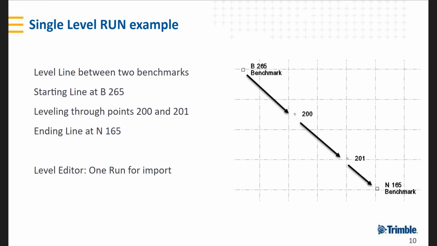Another example is using 2 benchmarks, starting at 1, going through your fixed points, and then ending on your second benchmark. This is another scenario where you have 1 run for the import and it's level editor ready to go.